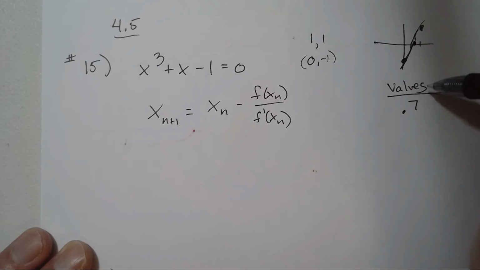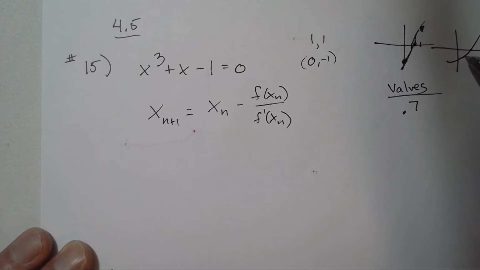If we get the same number 2 times in a row, that means we know we have solved it correctly. If it went like this, and this was my first guess, I make a linearization, and then I use that to make another linearization, and use that, and eventually it'll converge to getting the same number 2 times in a row.